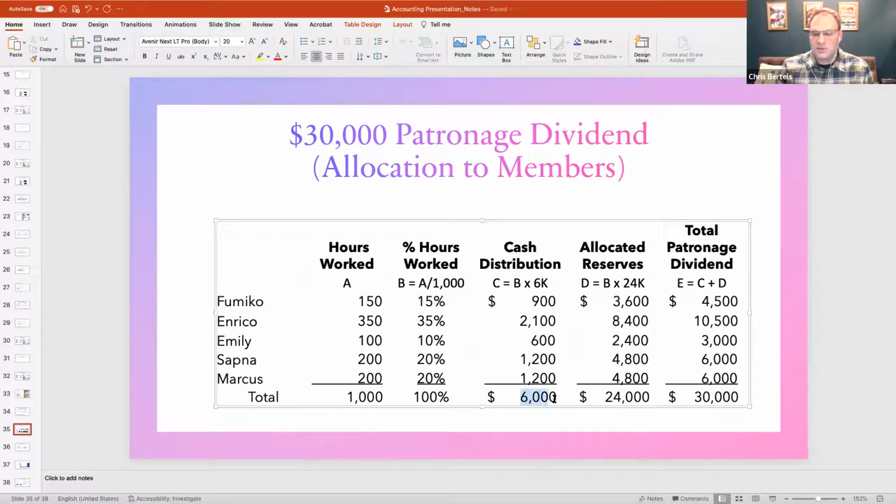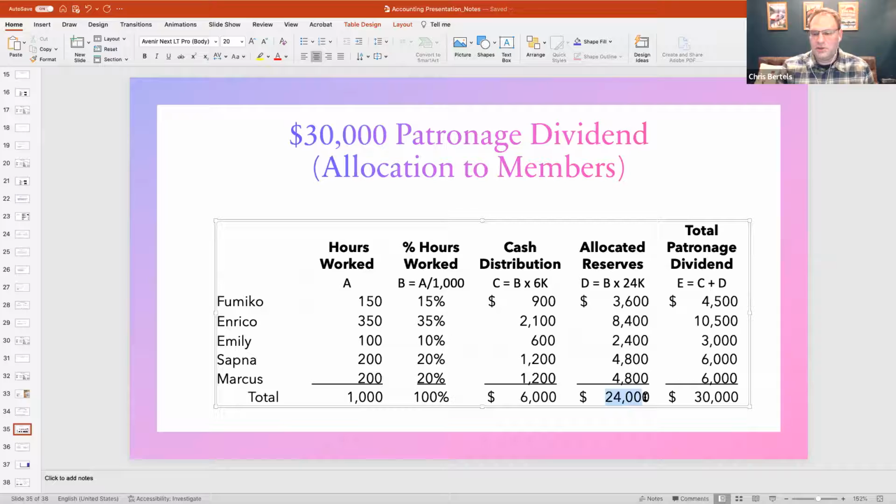And $6,000 was paid as part of a patronage dividend. That we saw in the previous slides, her portion of the $6,000 is $900. So the way you get that number is Fumiko worked 15% of the total hours, so she gets 15% of the $6,000. So she's going to get $900 in cash.